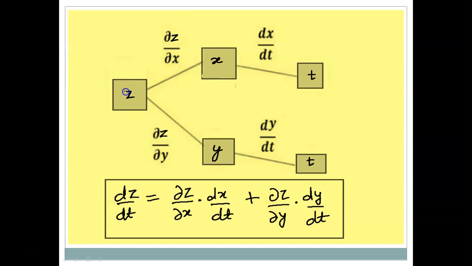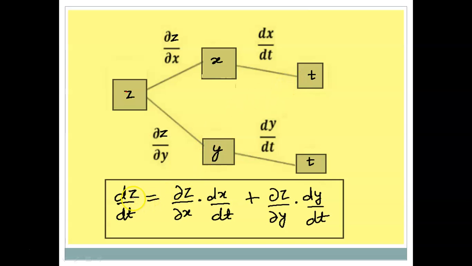If z is the dependent variable, depending on two variables x and y, further depending on the variable t, and you want to find the derivative of z with respect to t. Basically here z is a composite function of t.